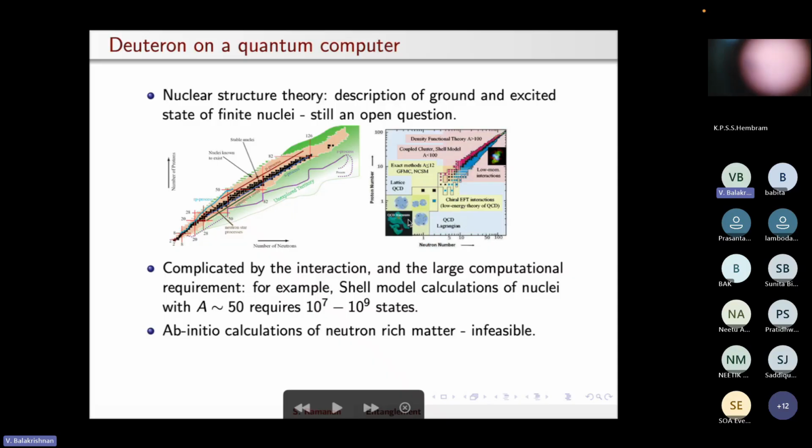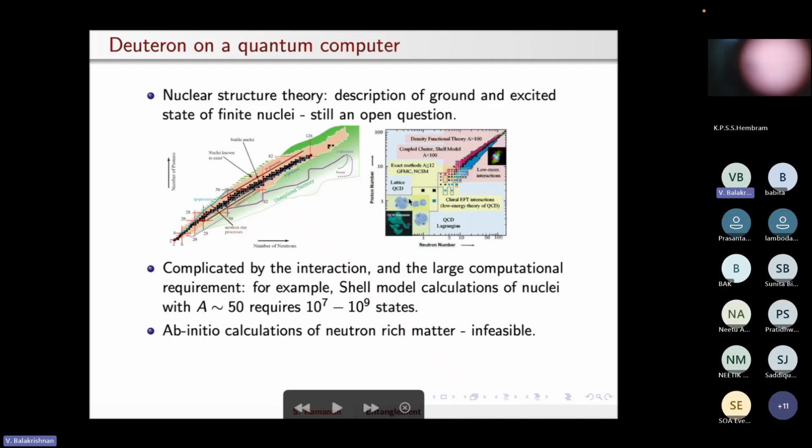A typical shell model calculation, for example, for a nucleus which has 50 nucleons requires 10^7 to 10^9 states. So the computational demands become very large, very heavy, and therefore ab initio calculation for neutron-rich nuclear matter becomes infeasible.